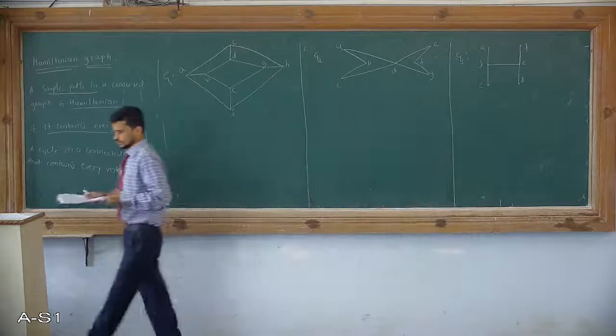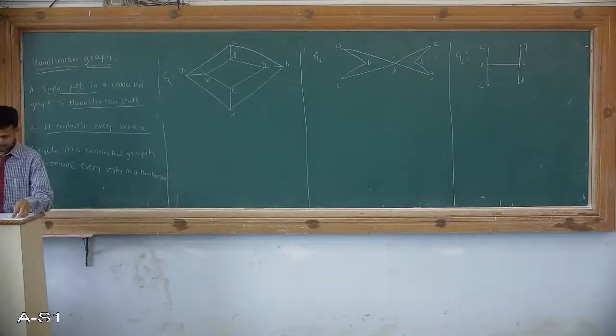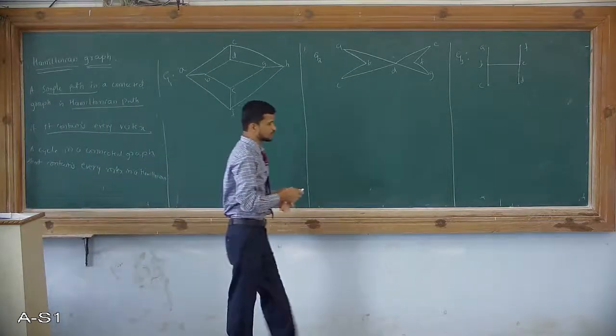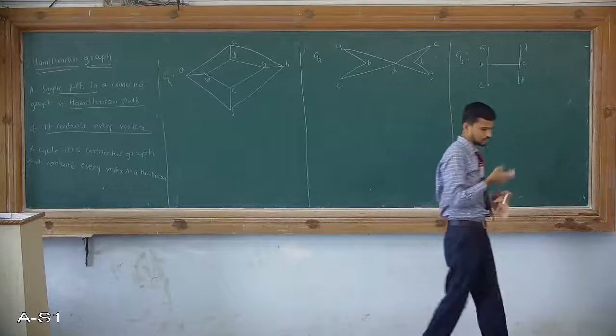So I have considered these three examples such that I try to convince whether G1, G2 and G3 are Hamiltonian graphs or not.